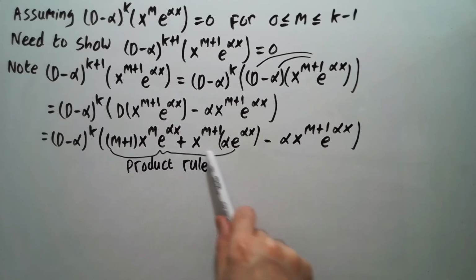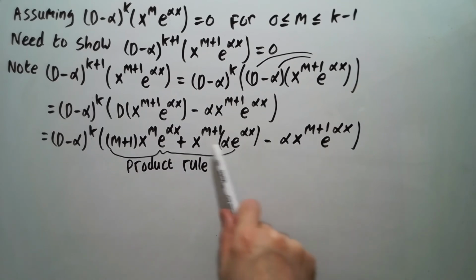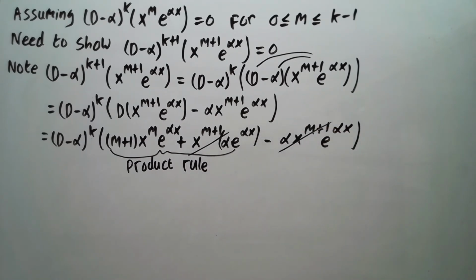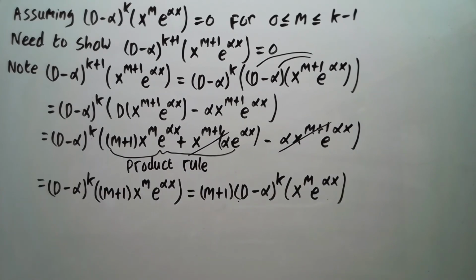So that's my product rule there. And notice these two are both the same actually, because that alpha can come over in front here. So these two terms will cross off. So we just get d minus alpha to the k times m plus 1 x to the m e to the alpha x.